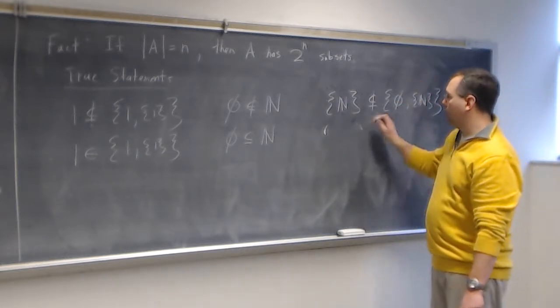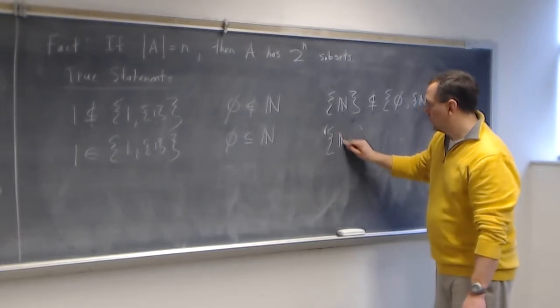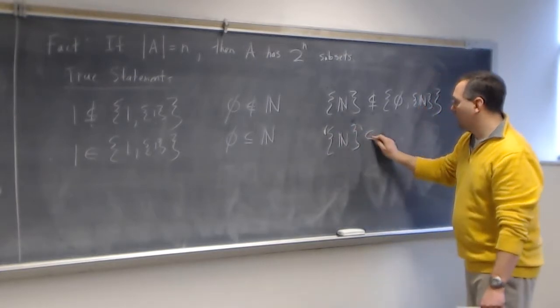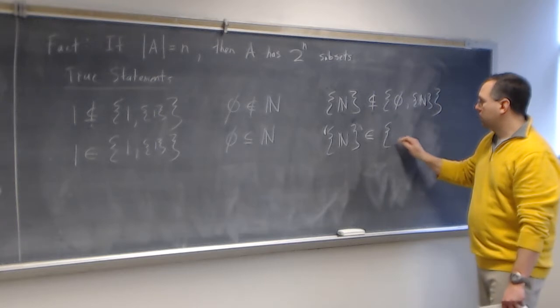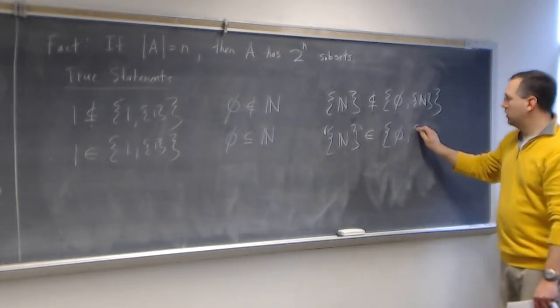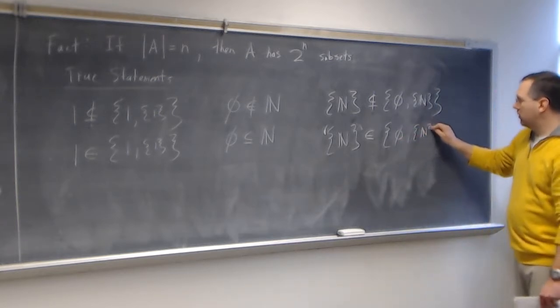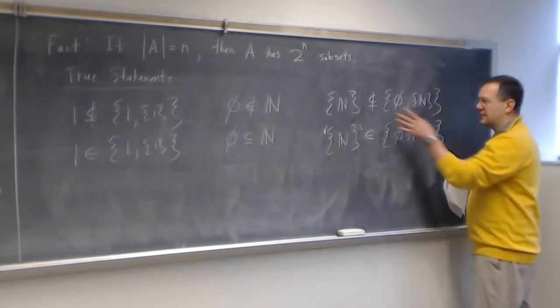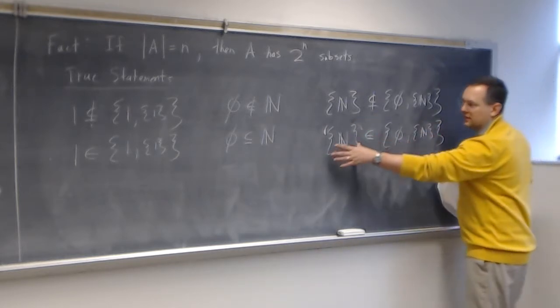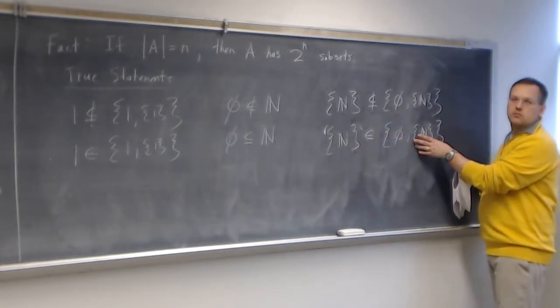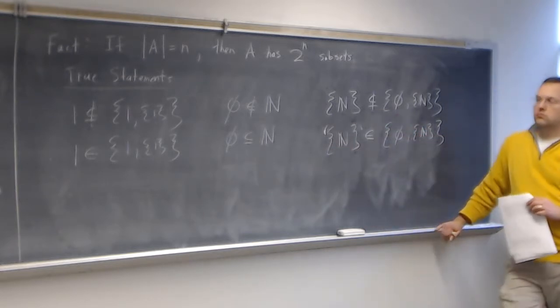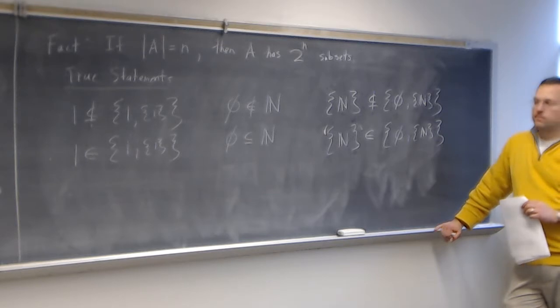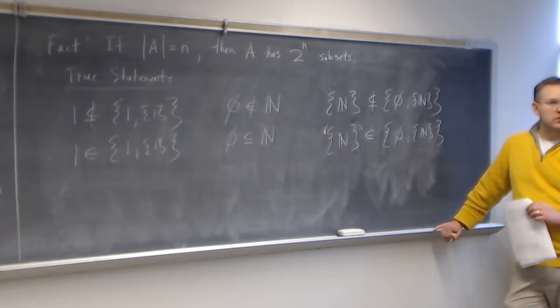What I could have done is replace this with is an element of, and this is still a true statement. This exact thing is inside this set, so this exact thing is an element of this set. Okay. Questions?